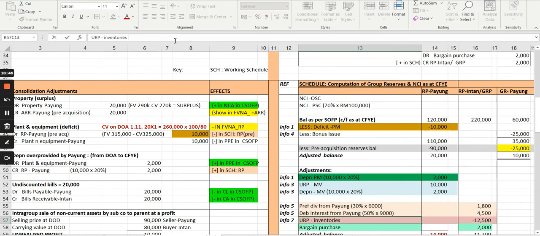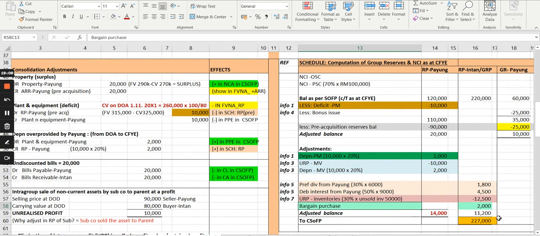So it is 30%, and that 30% is from the unsold inventory. Unsold inventory was 50,000. So you will get the figure 12,500 to be removed from the profit.